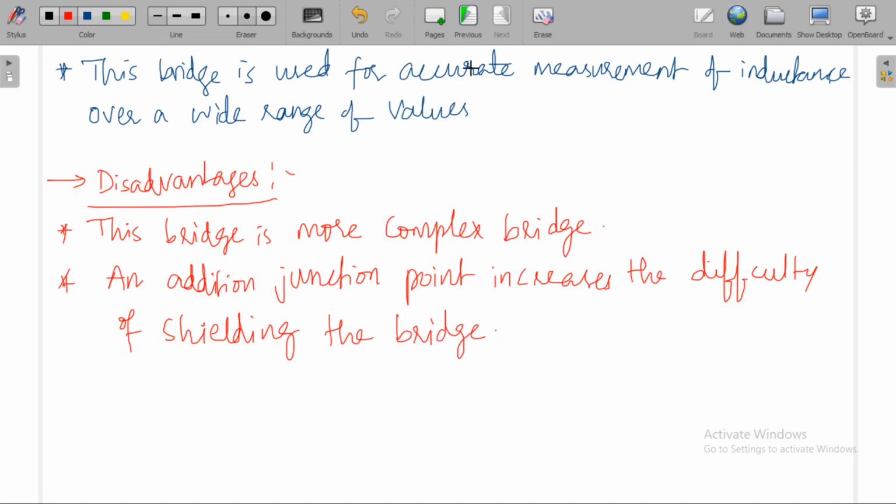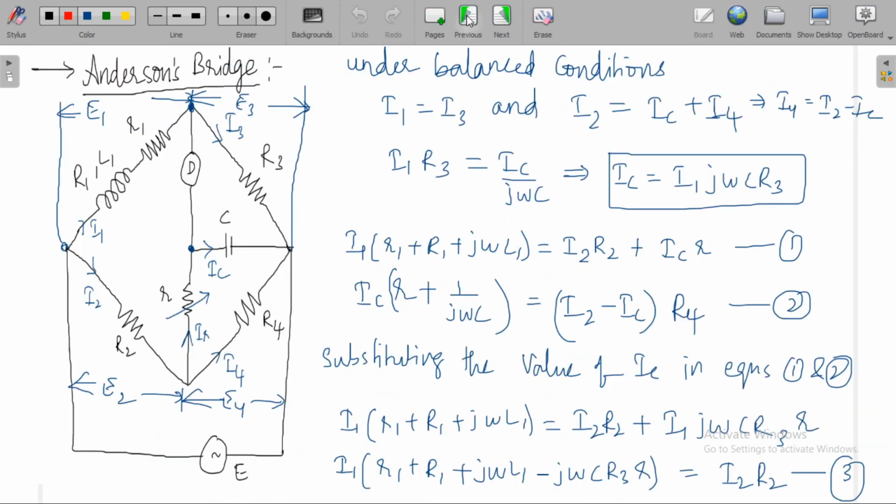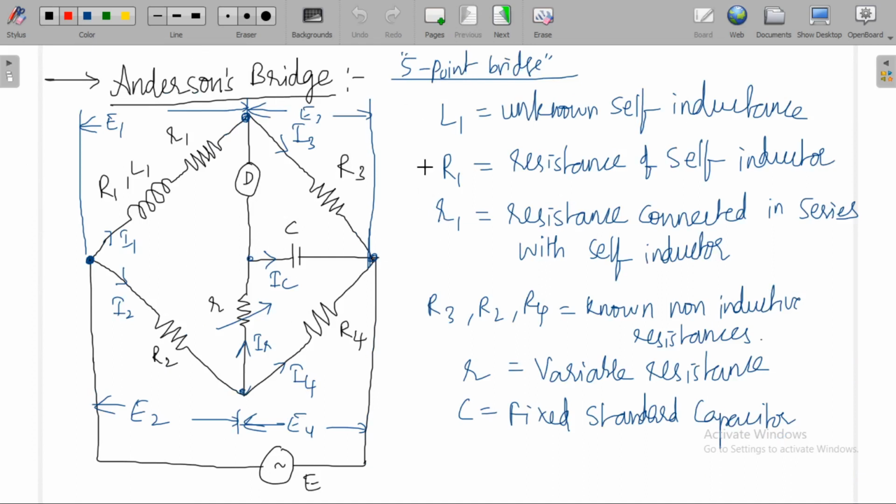Anyhow, among all 5 bridges, this bridge is more accurate. Anderson's bridge is more accurate when compared to all other bridges.